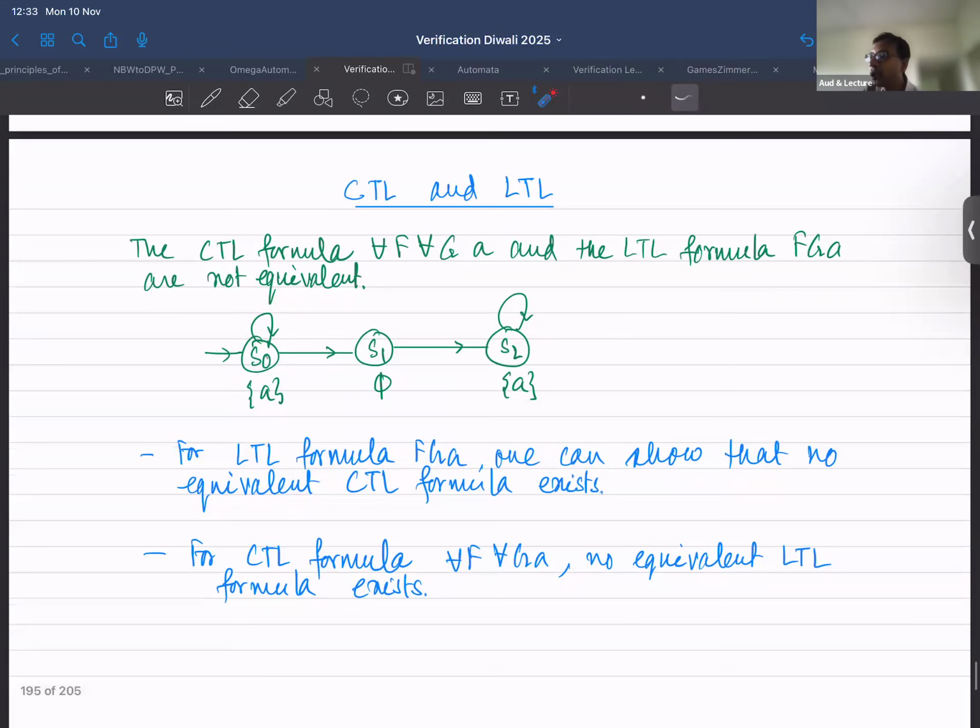Okay. But what about this one? Why is this not satisfied? For all paths eventually, for all paths globally.